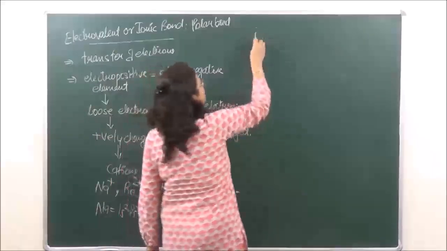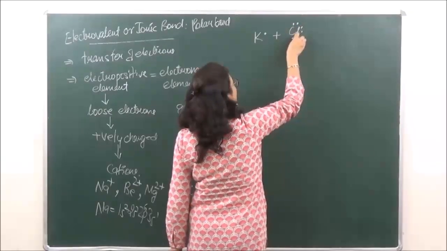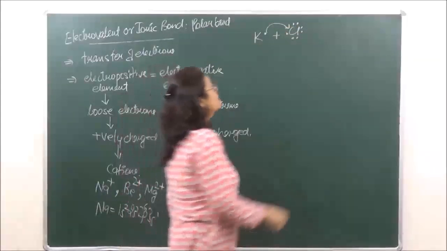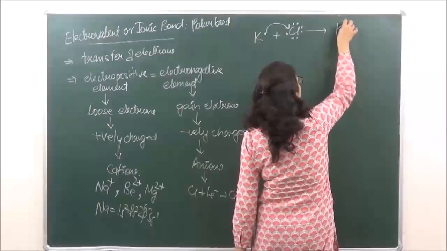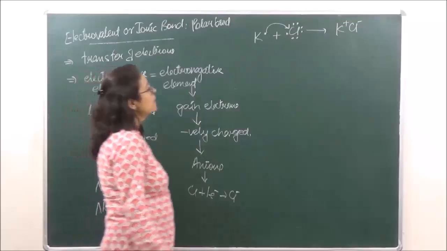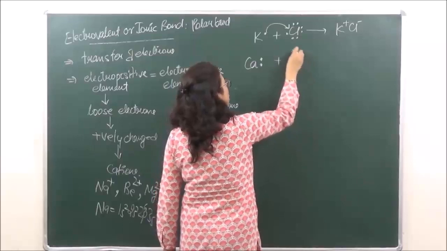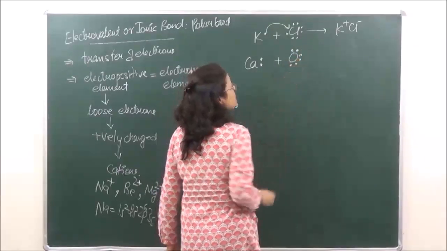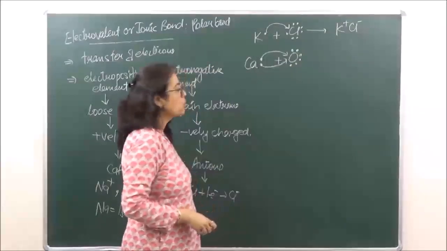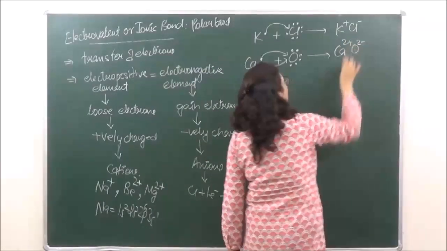For example, we have potassium. Potassium has 1 electron. Chlorine has 7 electrons. So potassium has a tendency to give this electron to chlorine, as a result of which a bond formation takes place, which can be represented like this. Okay? Similarly, if we have calcium, calcium has 2 electrons, and oxygen has 6 electrons. So calcium has a tendency to give both these electrons to oxygen such as to form a molecule Ca2 positive and O2 negative.